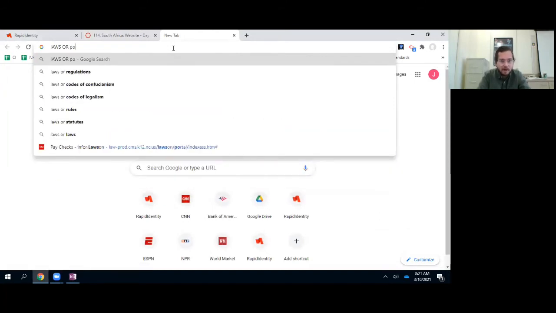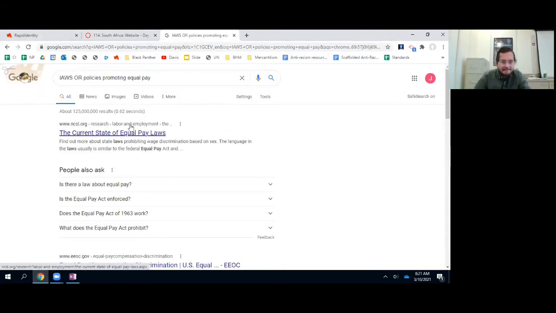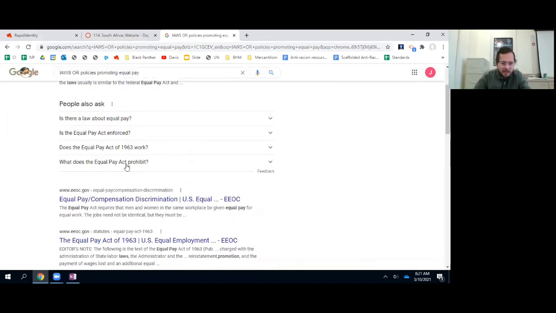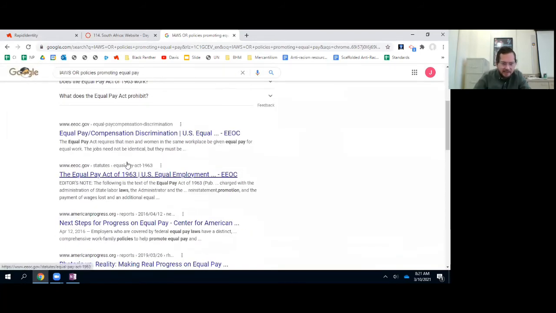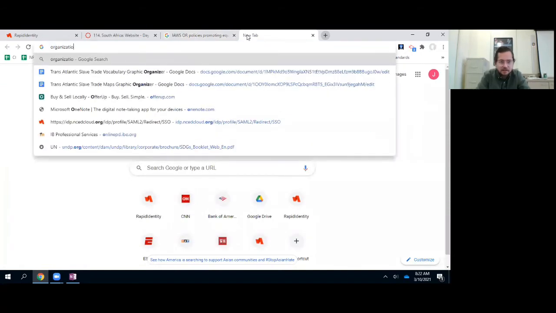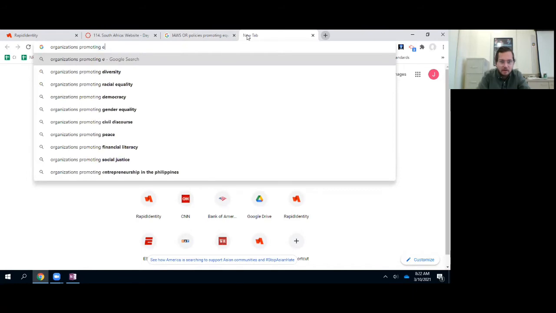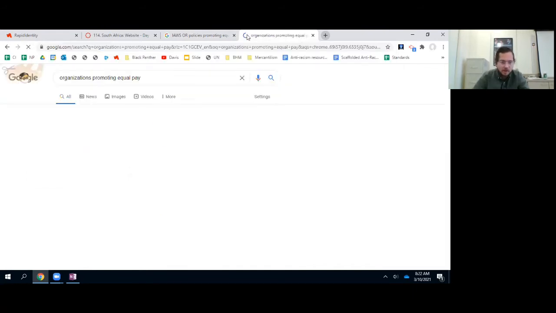Laws or policies promoting equal pay. We have some stuff that we'll see in the United States, or we can look up organizations promoting equal pay. Let's just see what we can come up with here.